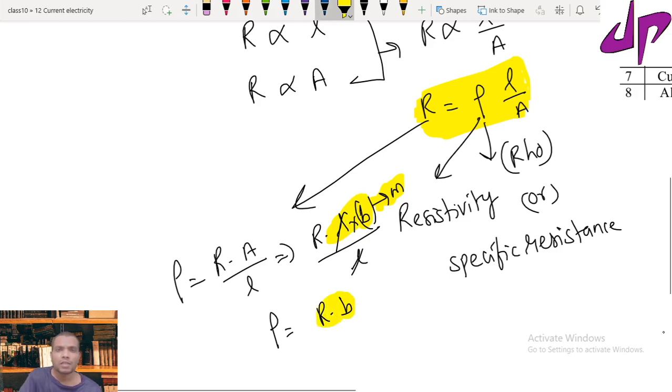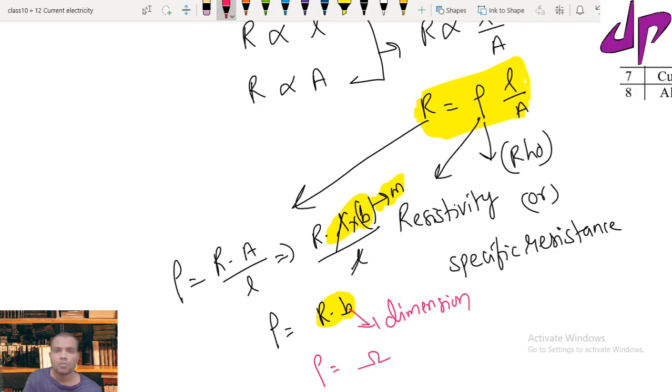Don't be confused by the new character B; it is one of the dimensions. Finally, resistivity rho has units of ohm meter, since resistance is in ohms and B is in meters. So ohm meter is the unit of specific resistance or resistivity.